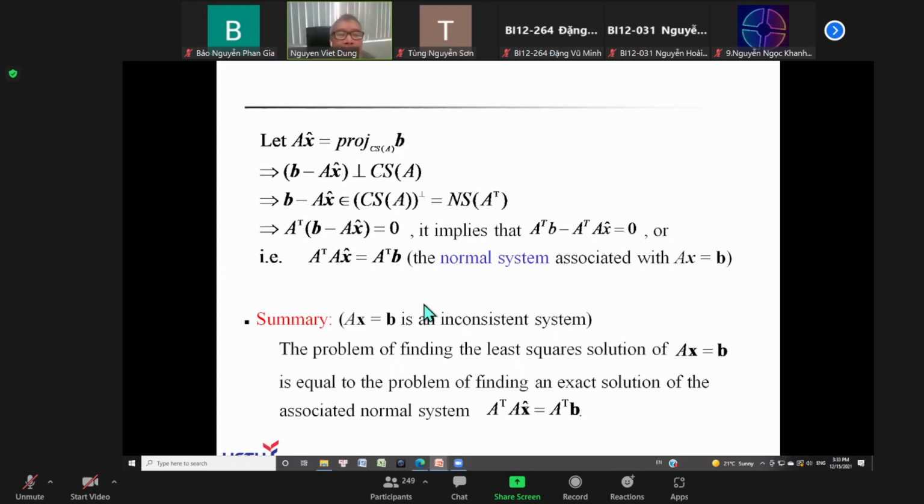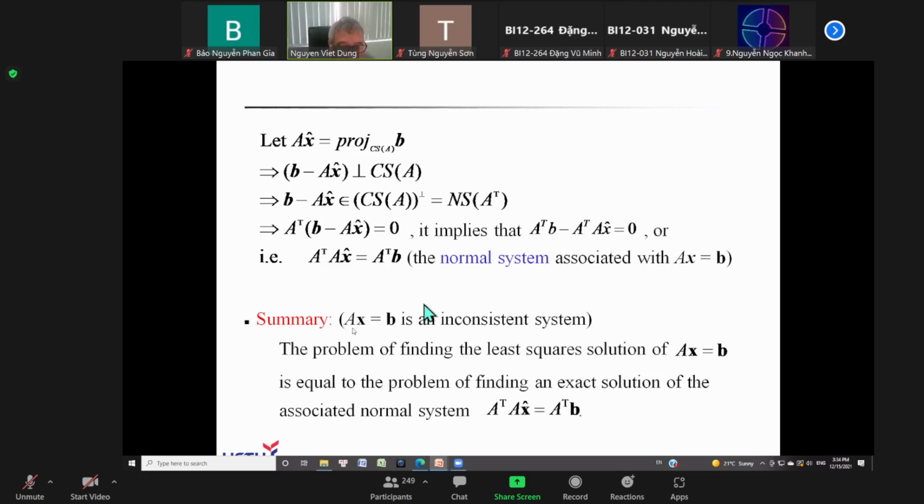Now you can see A^T multiplied by B gives a column, and A^T multiplied by A gives a matrix. So once again, we get a system of linear equations. That system is named the normal system associated with AX equals B. So we summarize everything as follows.